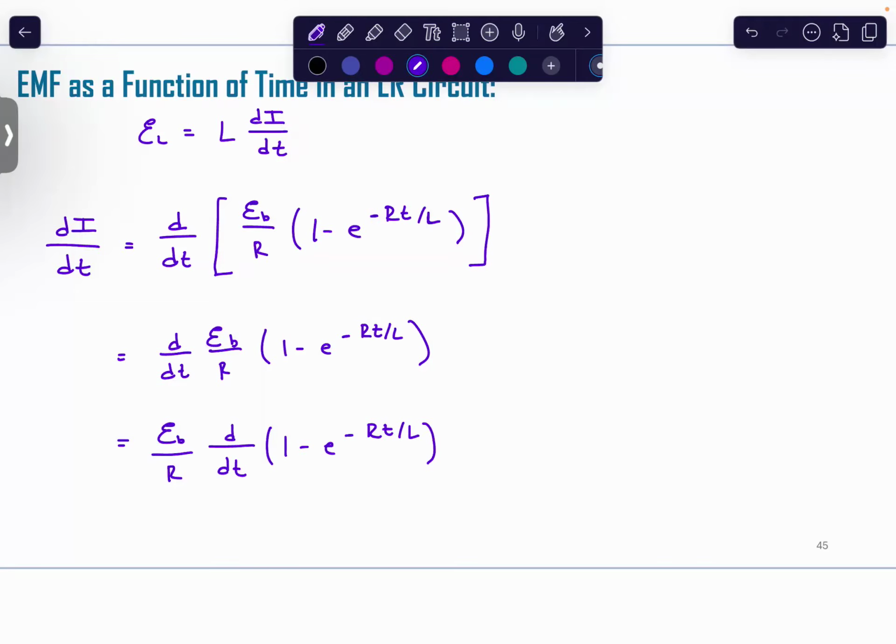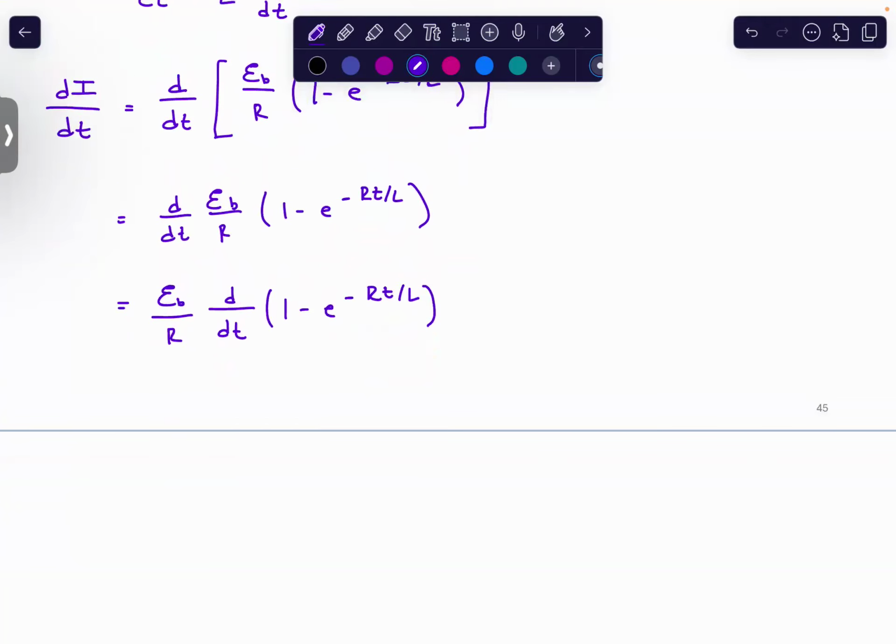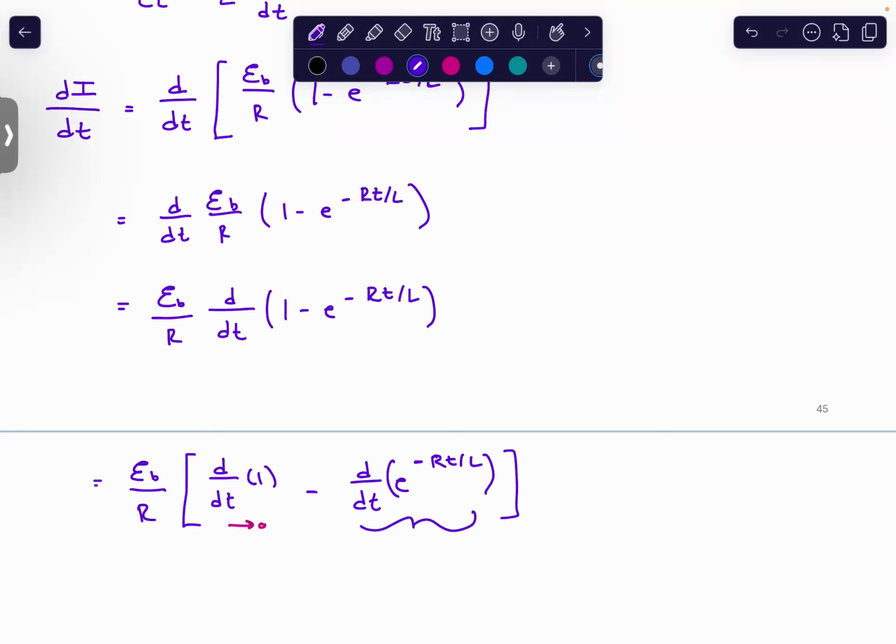Otherwise, just move the constant to the outside. Now, so what we're going to get is the derivative of the 1 minus, and so the derivative of a constant is 0. So we need to figure out this derivative here.